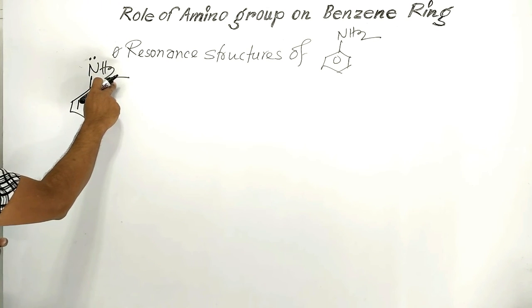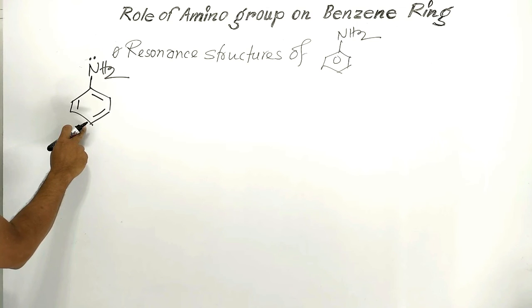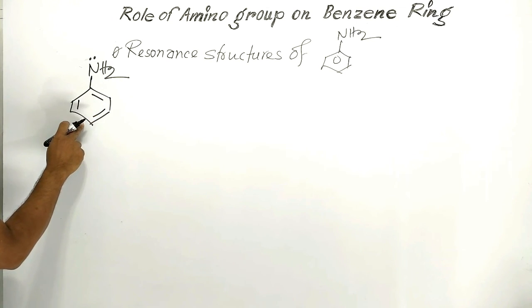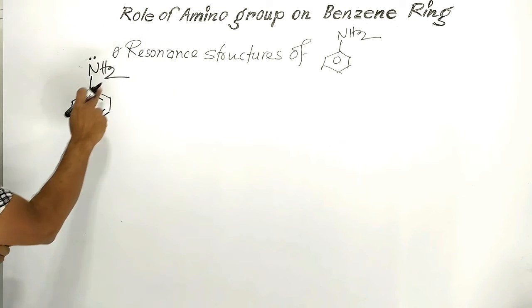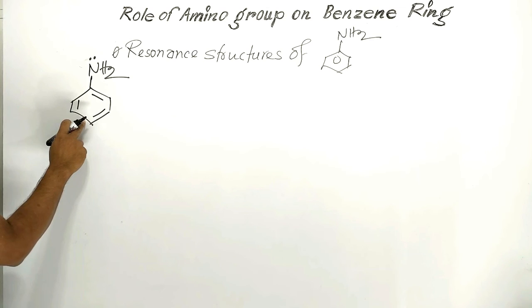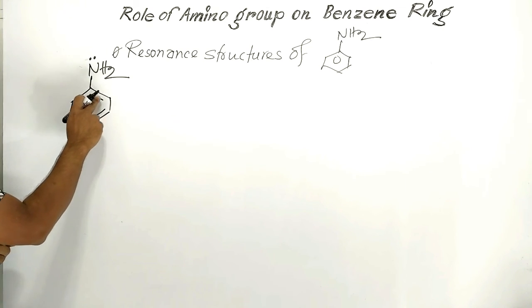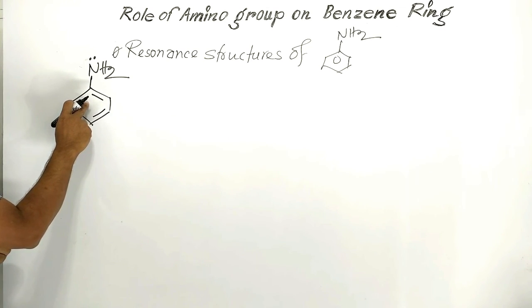One is the amino group, another one is the phenyl group. Here the phenyl group is the initiator of resonance structures in this way. That is, inside the benzene ring, pi bonded electrons move continuously.